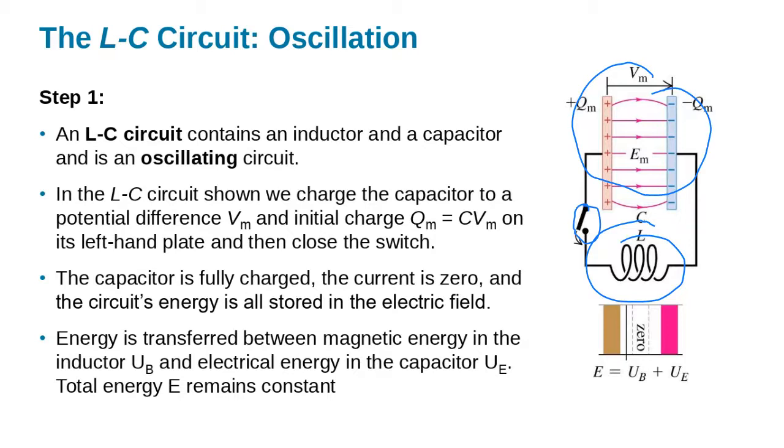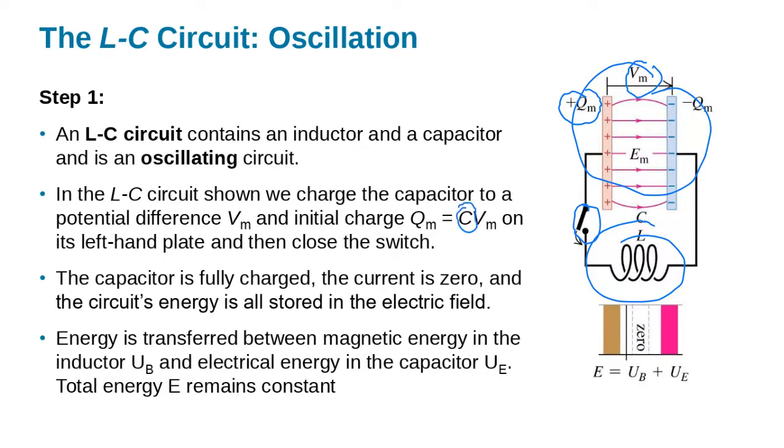So we start off with some particular potential difference over the capacitor because it's charged with some charge, and then the amount of charge that we get on that capacitor depends on the capacitance and the voltage.